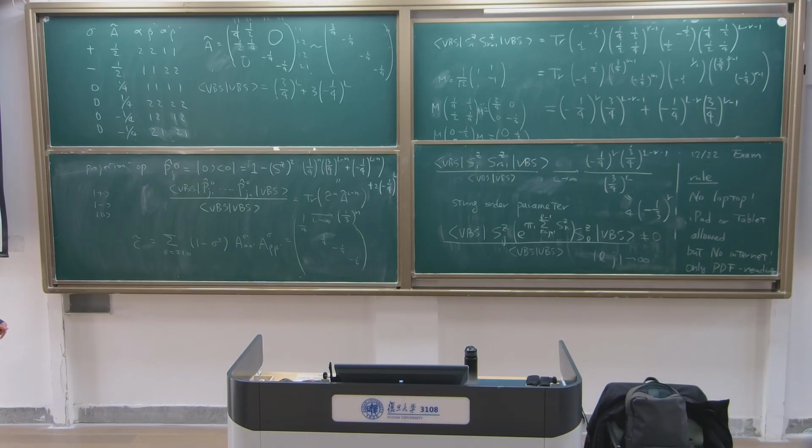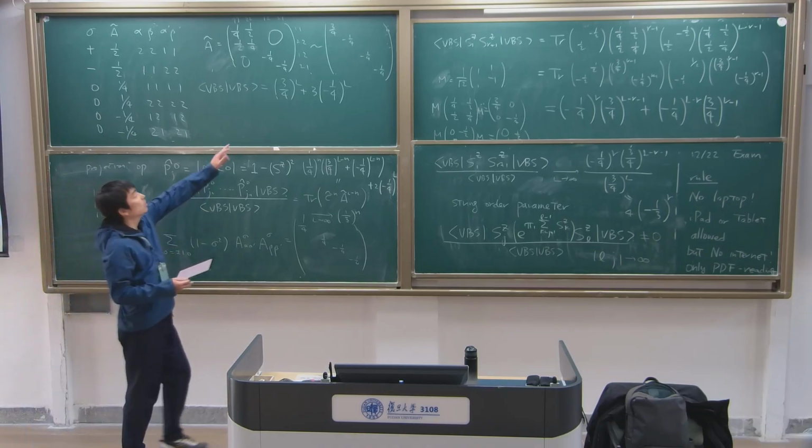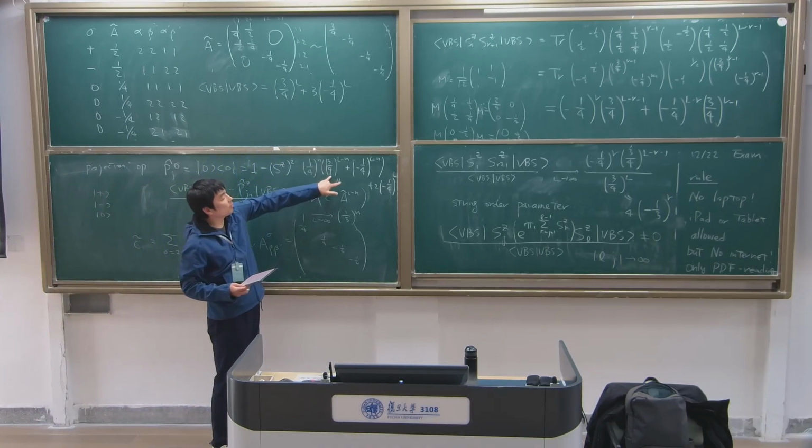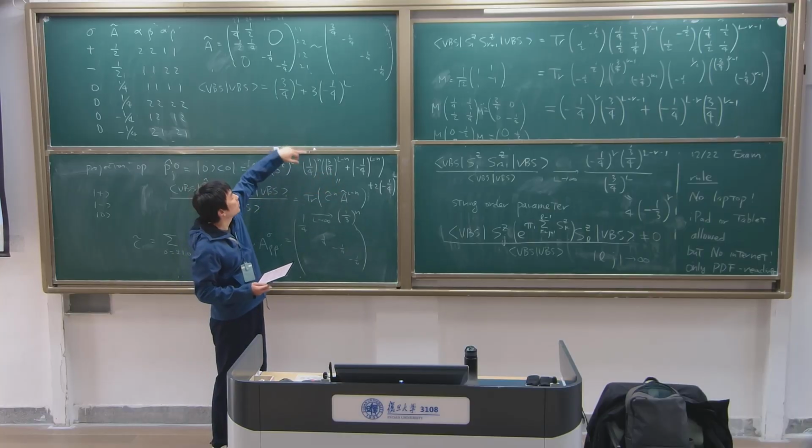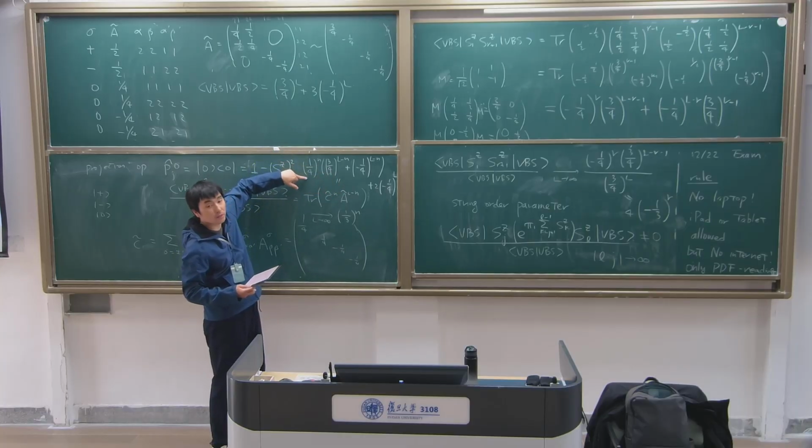Okay. So that's what's going on. Is it okay? So this term dominates, and this term dominates when L goes to infinity. And if you take the ratio, 1 over 3 appears from here.